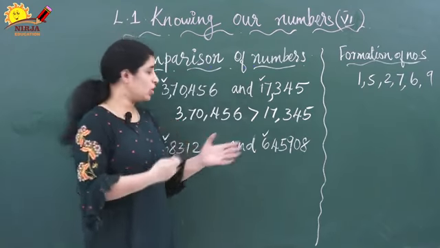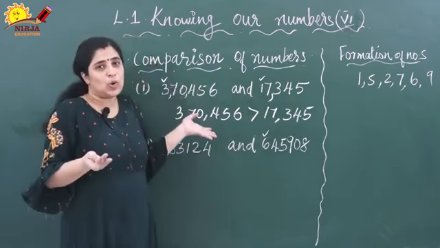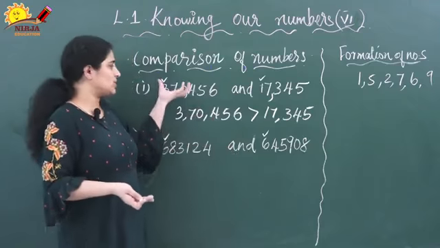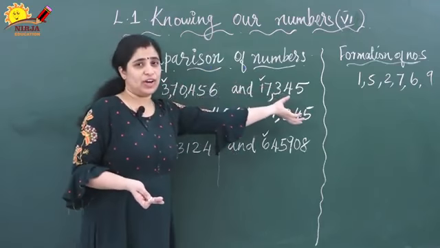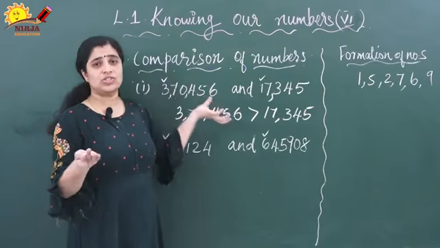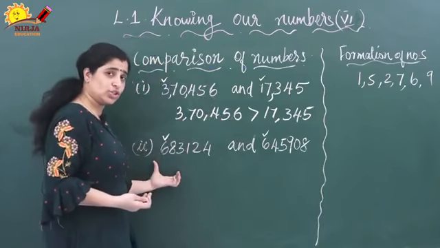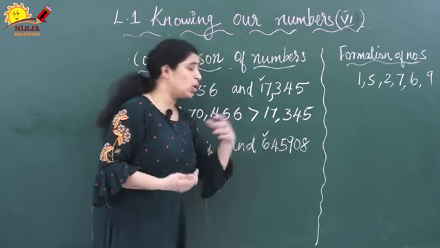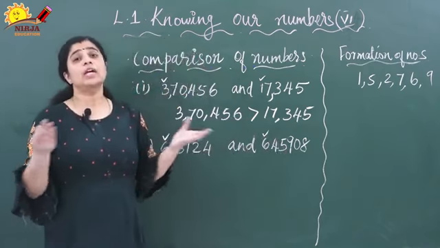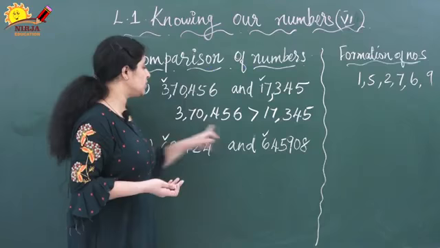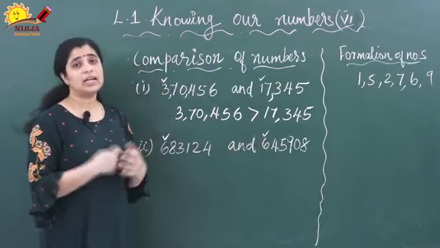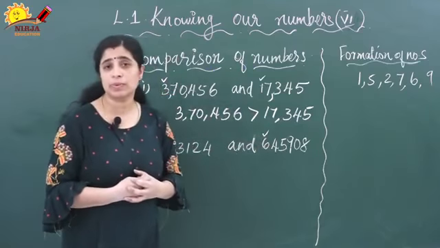In the earlier case there is no confusion, it is easy because this is 6 digit and this is 5 digit. So obviously 6 digit number is greater. But here confusion because this is also 6 digit number and this is also 6 digit number. In both the numbers extreme left 6 is there, then how can you find which number is bigger?